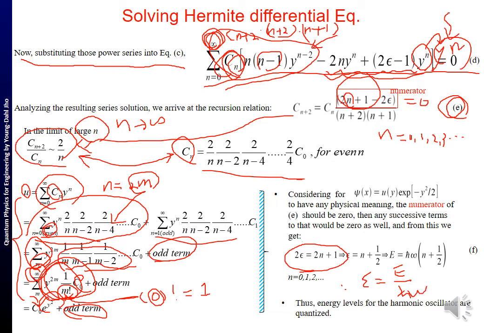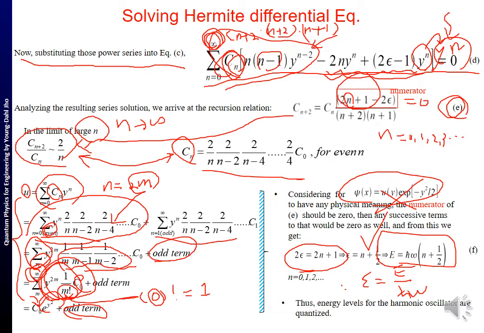That's why we have this energy relation. In order to have any physical solution not diverging, we always satisfy these discrete energy values, h bar omega multiplied by n plus 1/2.